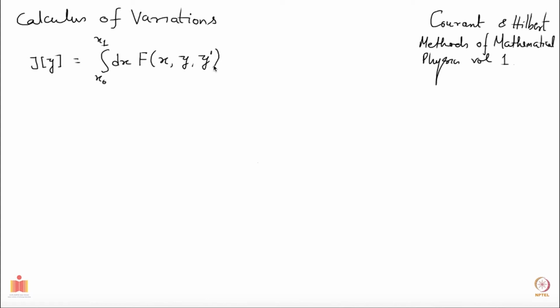Now you may immediately realize that this question of minimizing these integrals can be asked in more general situations. Let me write it, generalizations.